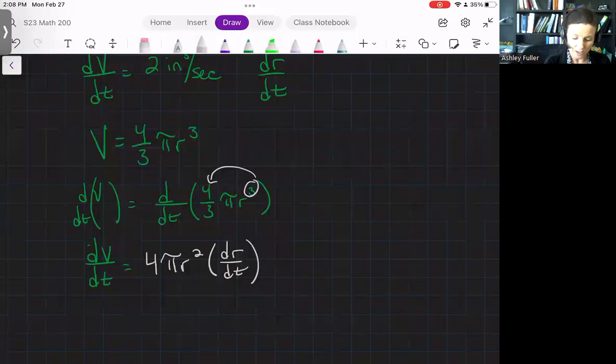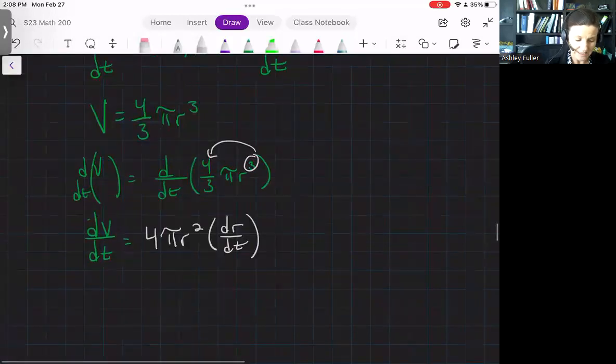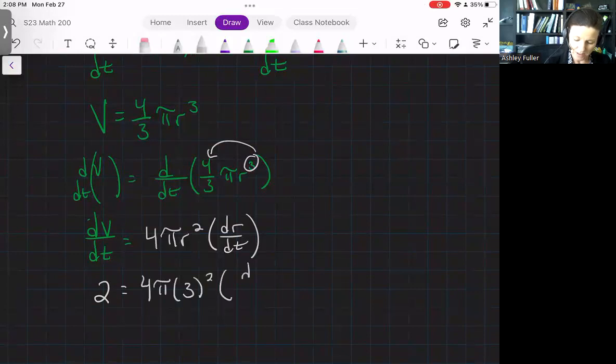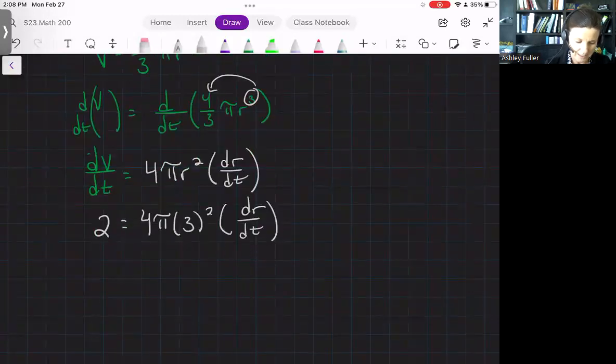Fortunately, we already know the value dV over dt is 2 from the given information. And we've also been asked to calculate this specifically when the radius is 3. So I'm going to plug in 3, and then I can solve for dr over dt.